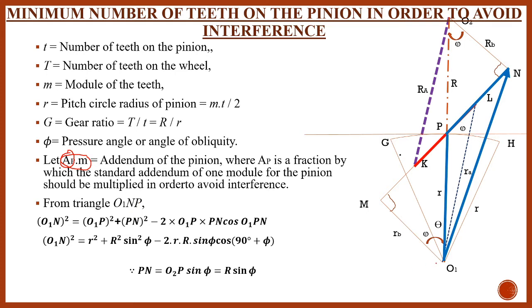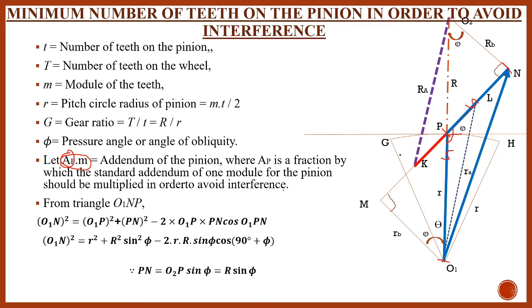Now just consider this triangle. Consider the geometry O1P, where this angle is a right angle, 90, and this is phi. Now consider this triangle: O1N square is equal to O1P square plus PN square minus 2 into O1P into PN into cos of this angle O1PN, which is 90 plus phi.